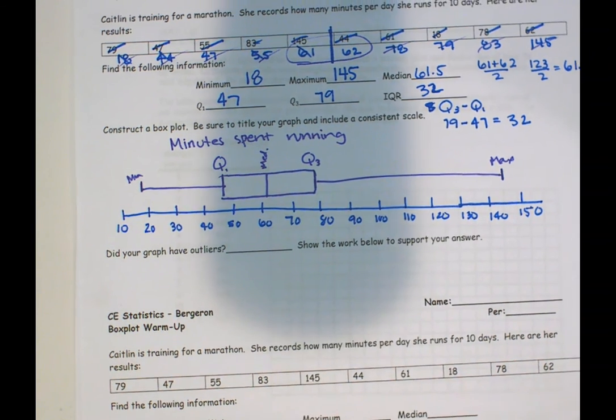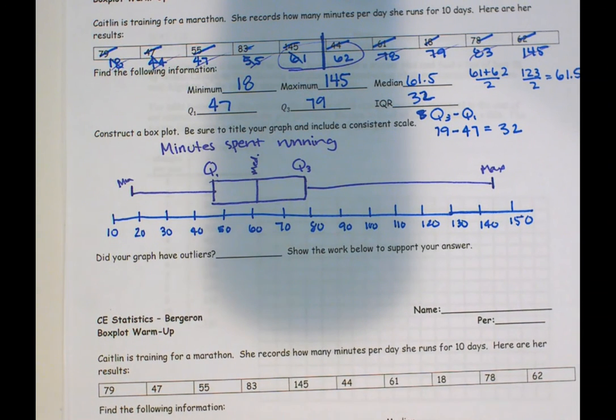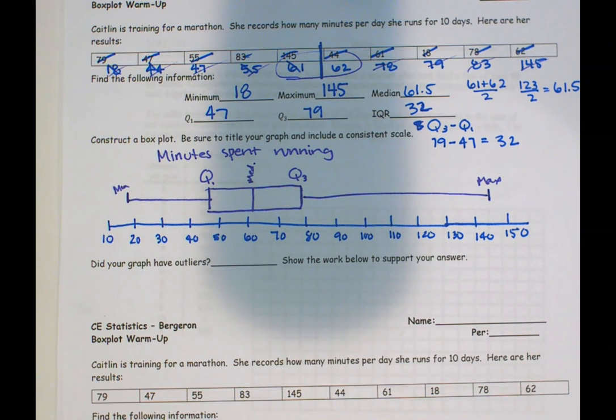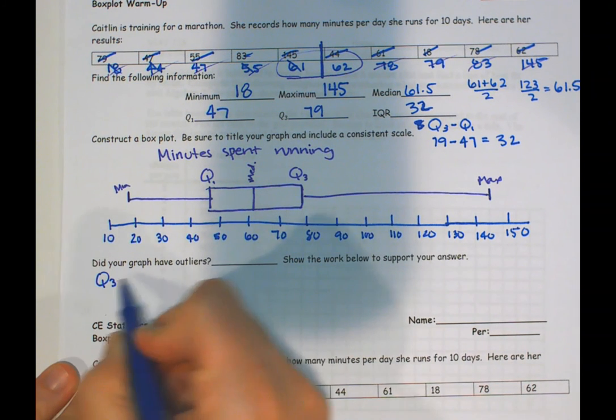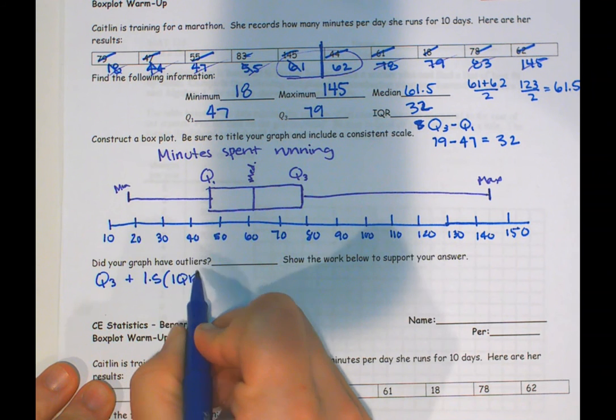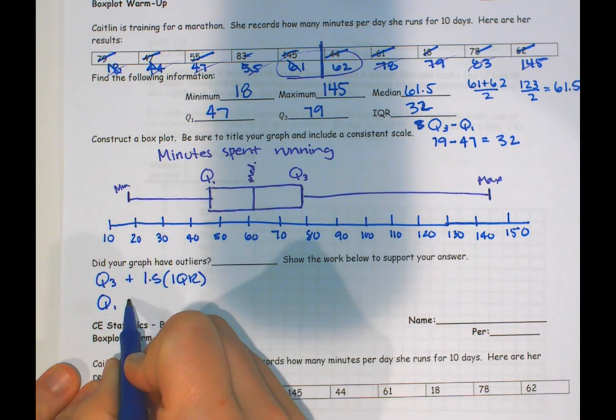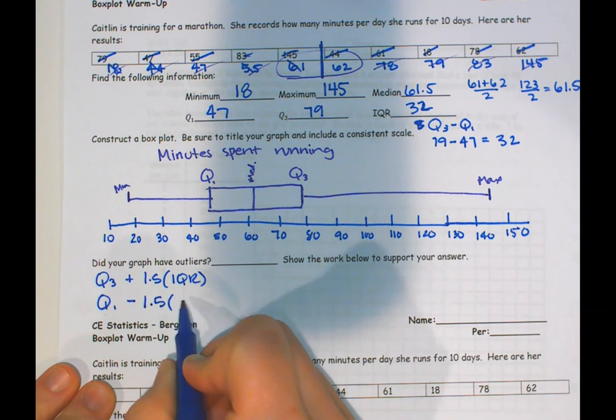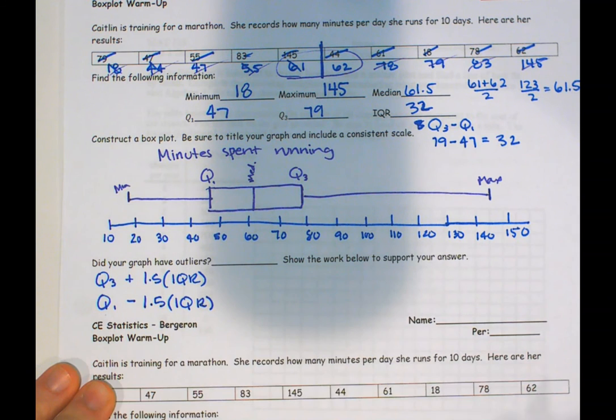All right. So then the last piece is there's an equation we can use to check for outliers, or two equations that we can use. And this tells us if there's any extremes on the lower end or the upper end. So to do that, you're going to take Q3 and add it to 1.5 times your interquartile range. And then take Q1 and subtract 1.5 times your interquartile range.